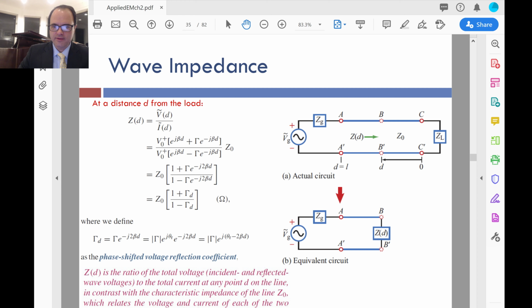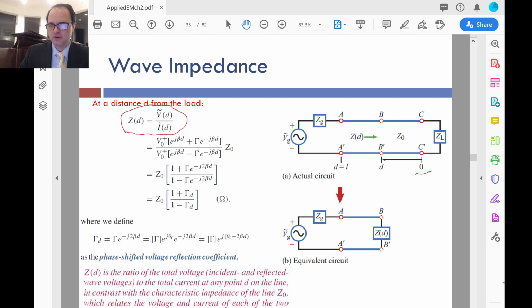So wave impedance. As I talked about in the last lecture, wave impedance is going to be V sub D, where V is a function of D, where D is any position along the line, starting from 0, where the load is, and going back towards the source.